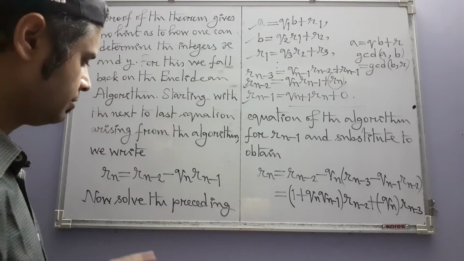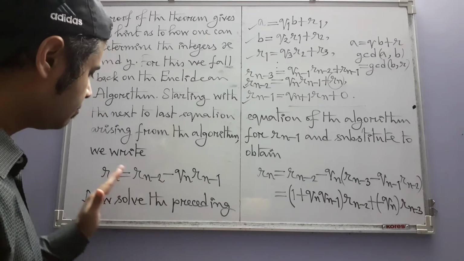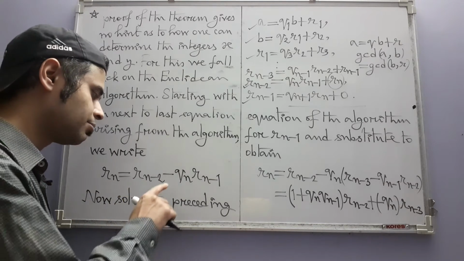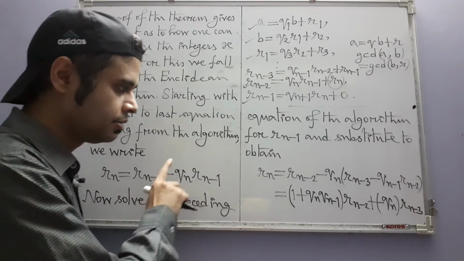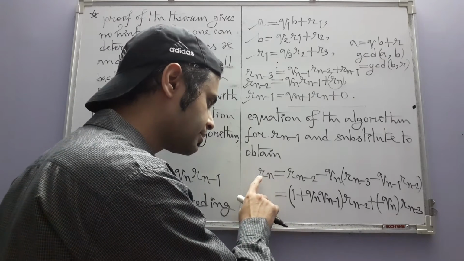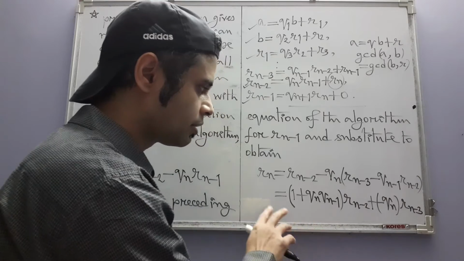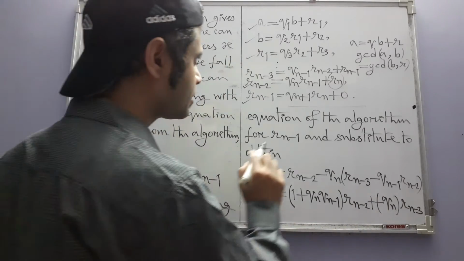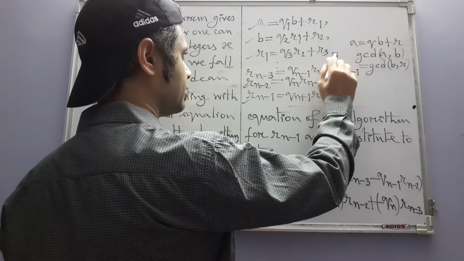Do you see one thing? In the beginning we had Rn expressed as a linear combination of Rn minus 1 and Rn minus 2. Then after some manipulations we have been able to express that same Rn, the last non-zero remainder, as a linear combination now of Rn minus 2 and Rn minus 3. So previously it was Rn minus 1 and the one before that Rn minus 2.